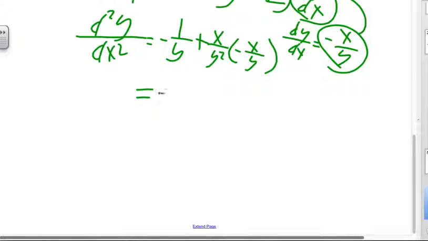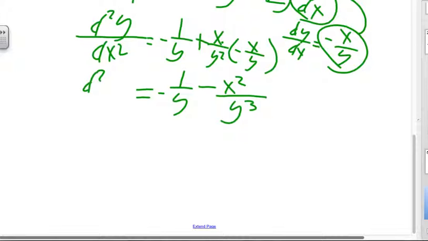That will be negative 1 over y plus x times x gives me x squared, and I've got a negative, over y cubed. And there would be your second derivative.